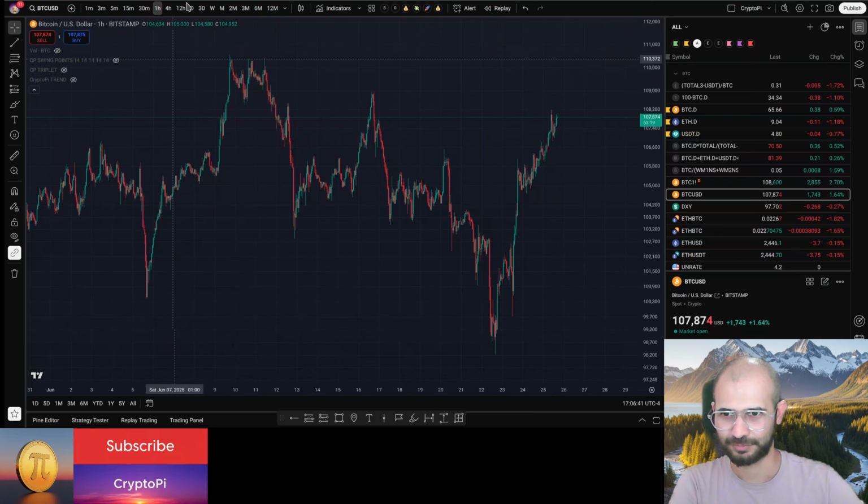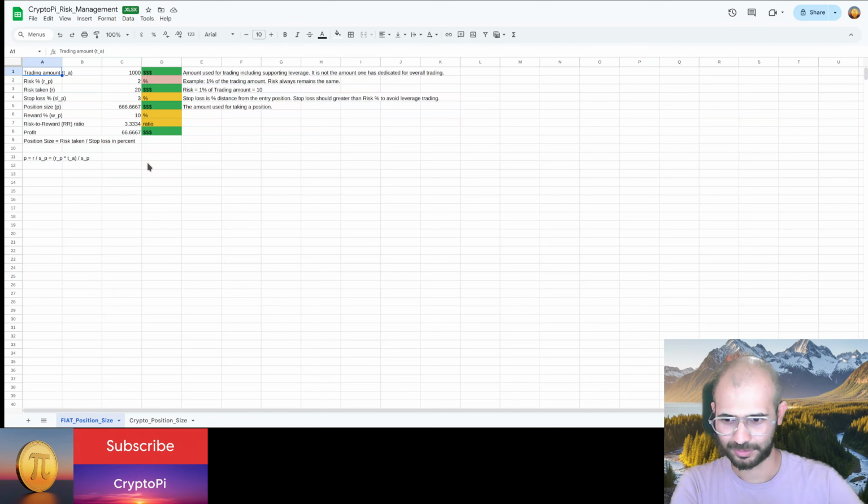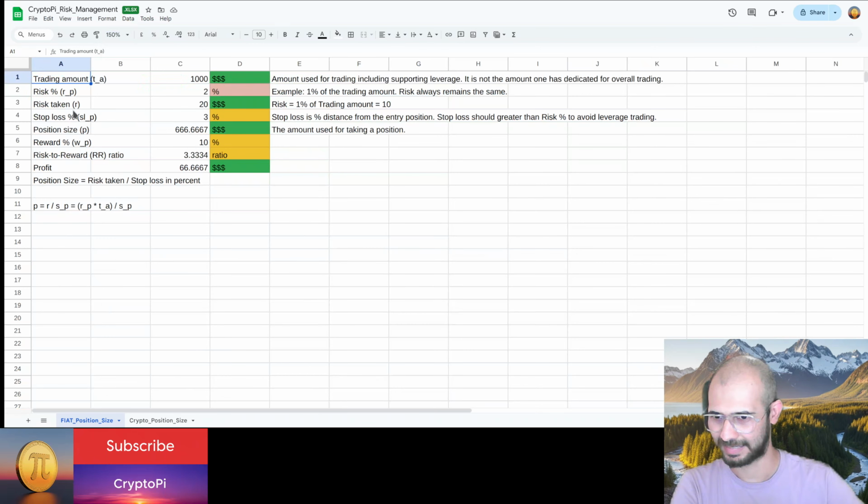In one of the last videos, we computed the position size for a trade using this Excel sheet, with the formula where P is the ratio of the risk which is taken to the SP, which is the stop loss percentage.